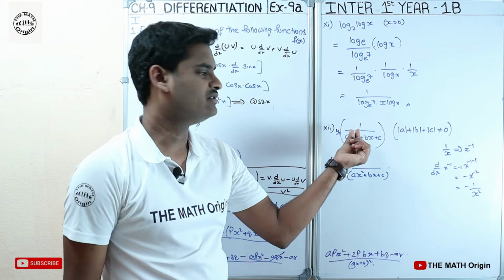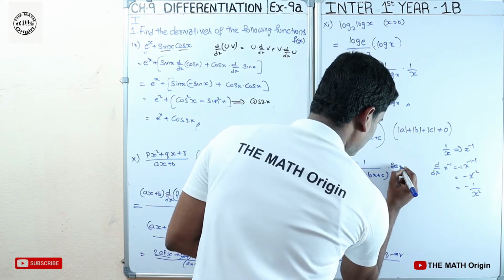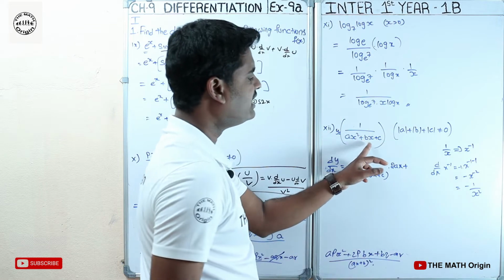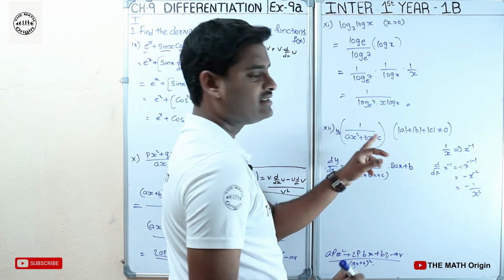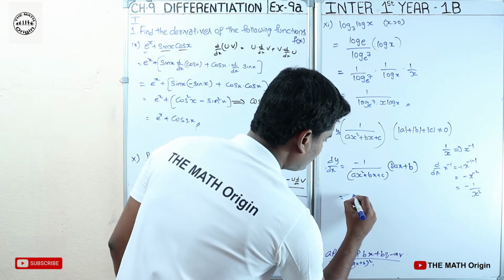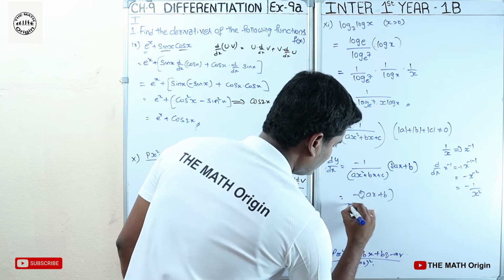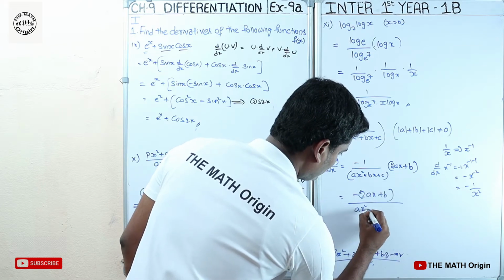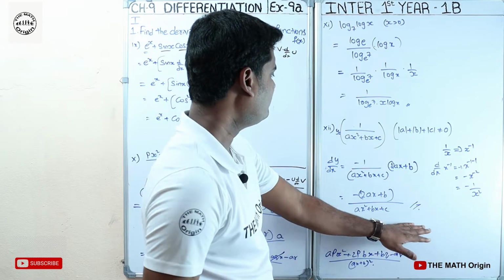The internal derivative of ax square is 2ax, plus the internal derivative of bx is b, and the internal derivative of c, a constant, is 0. So the final value for the given bit is minus 2ax plus b into ax square plus bx plus c.